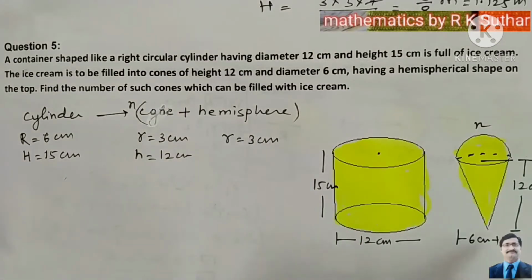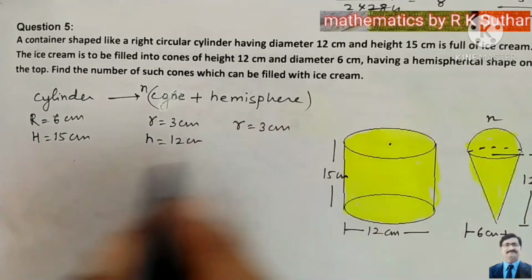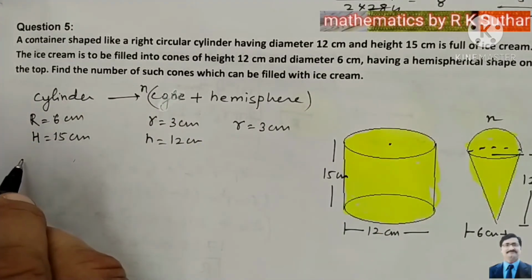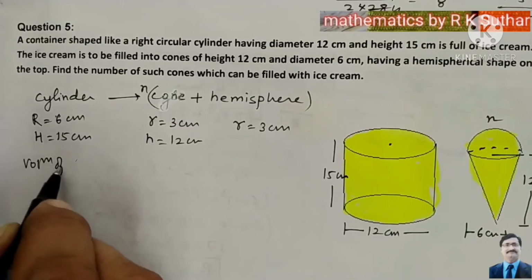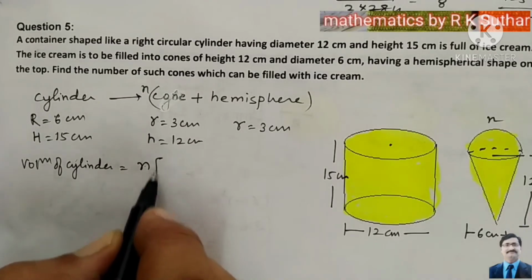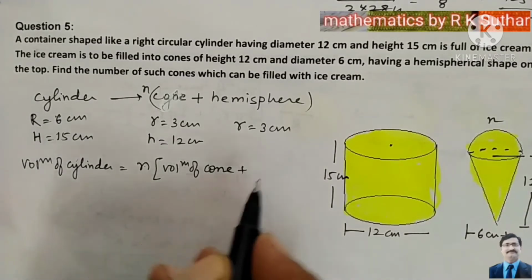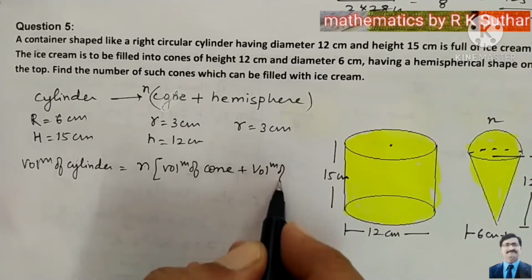The diameter is 6, so the radius is 3 centimeter. Now we have to find the number of cones, so we can write the volume of the cylinder equal to n into (volume of cone plus volume of hemisphere).